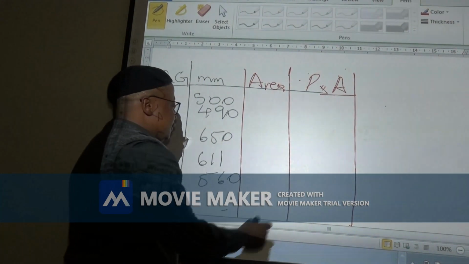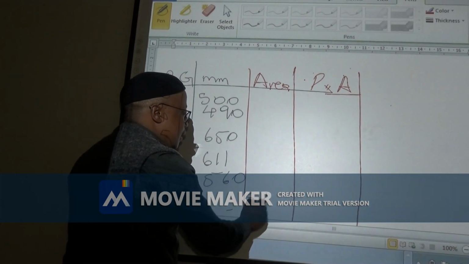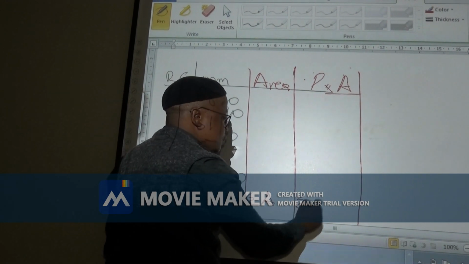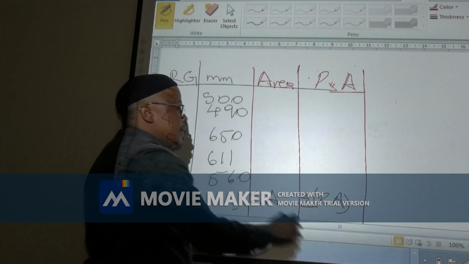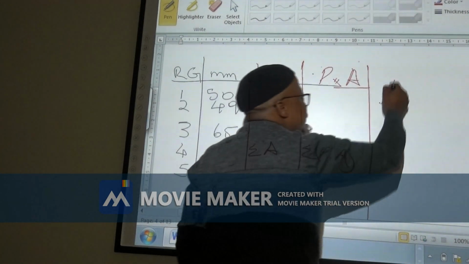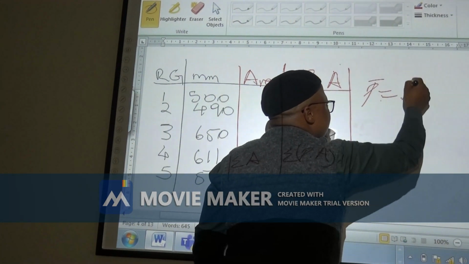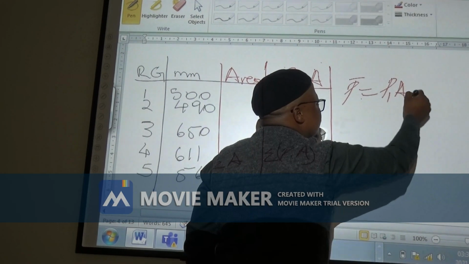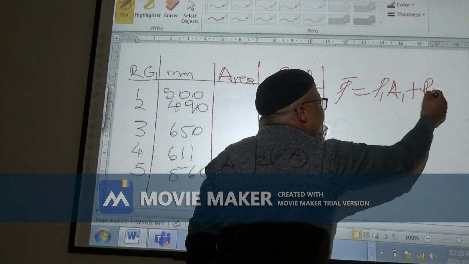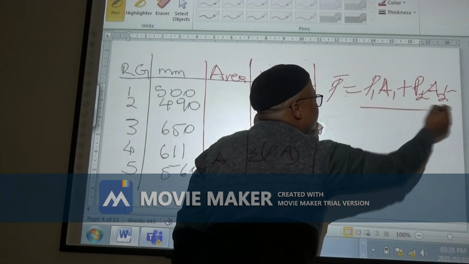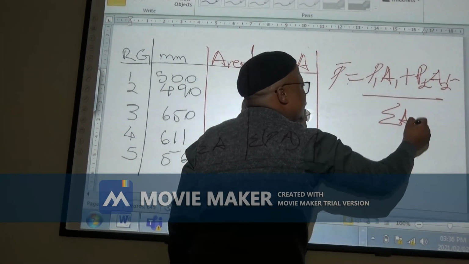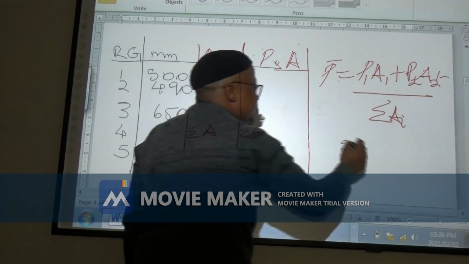These are the important figures: the sum of the area, as well as the sum of the P times A. This gives you a formula in the context of P1, P2, and so on, divided by the sum of the area.